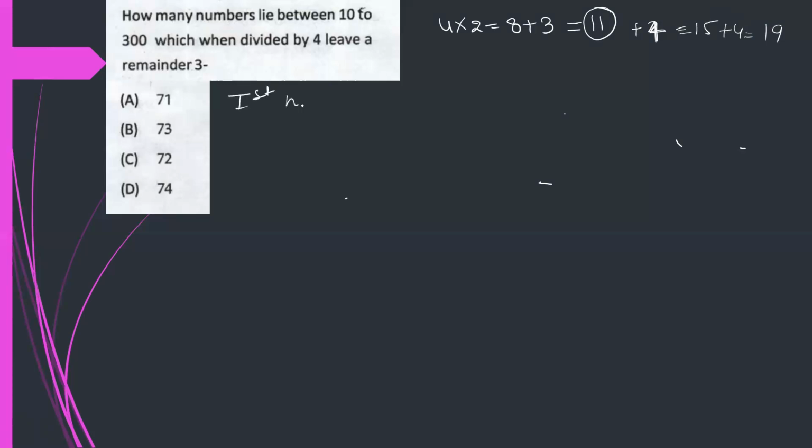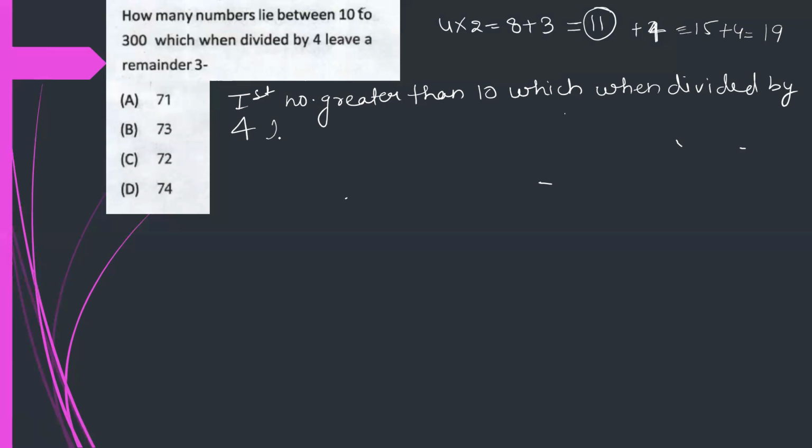First, the number greater than 10 which when divided by 4 leaves remainder 3 is 8 plus 3, which is equal to 11.